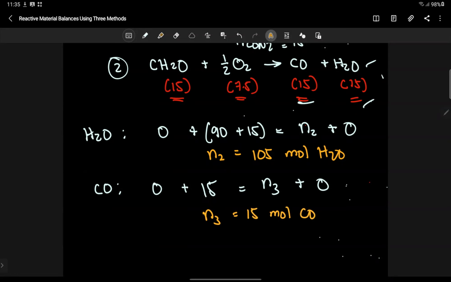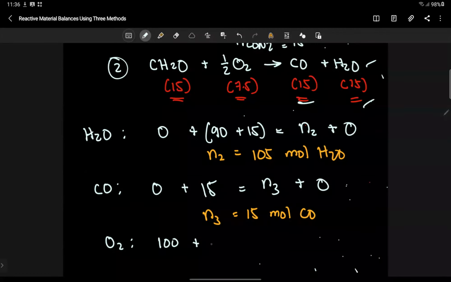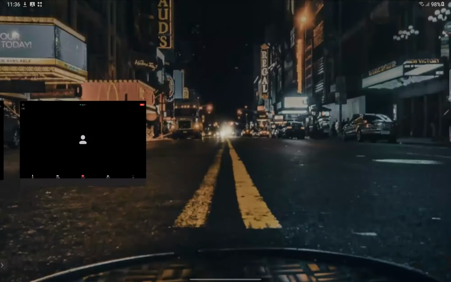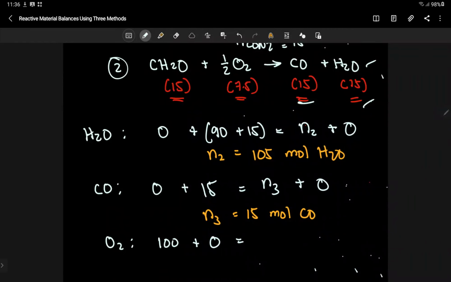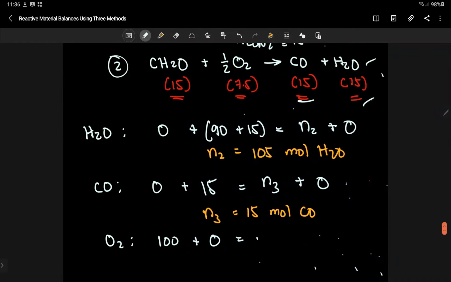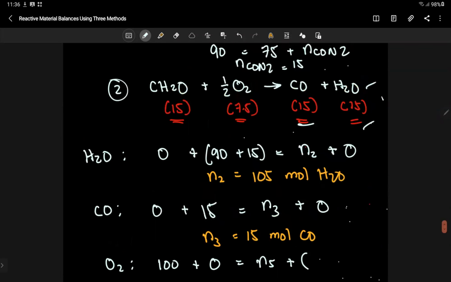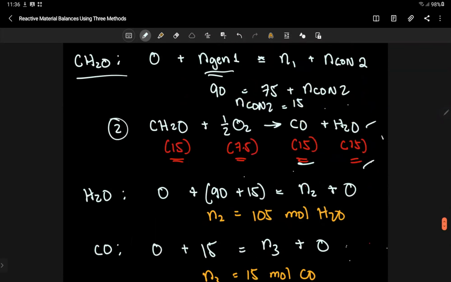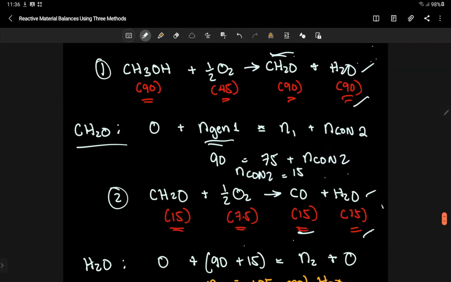Okay. Next, oxygen balance. Pinasok na oxygen, di ba 100? Plus, is oxygen generated in any of the two reactions? Wala. Oxygen is not a product in any of the two reactions. Equals output of oxygen, that's N5. Okay? And consumed oxygen, dalawa yan dapat kasi oxygen is a reactant kay reaction 1, reactant din siya kay reaction 2.